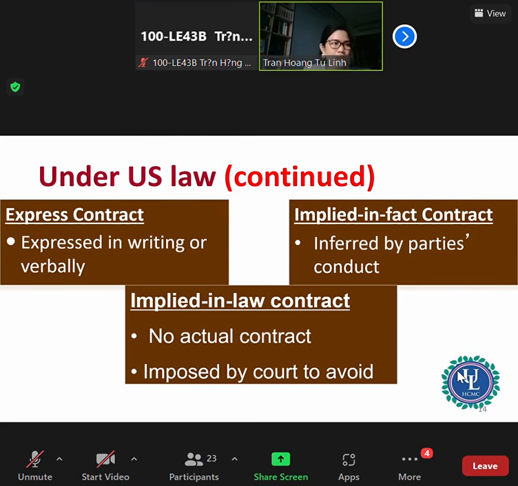Right. So there are some contracts that can have both express terms and implied terms at the same time. Can anyone think of an example where it has both implied terms and express terms at the same time?